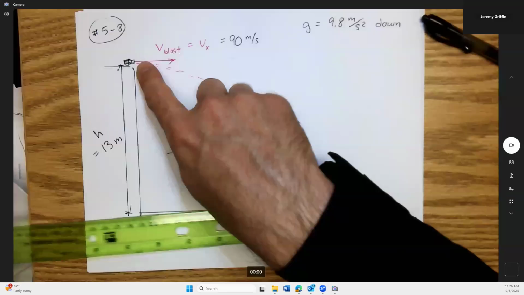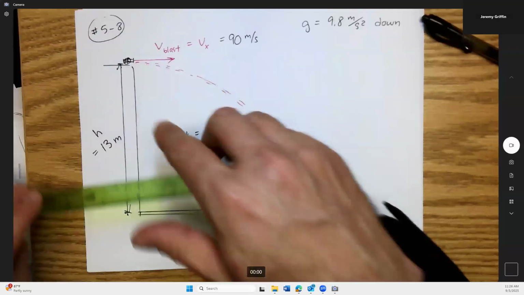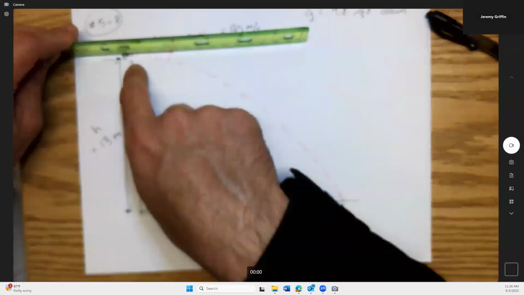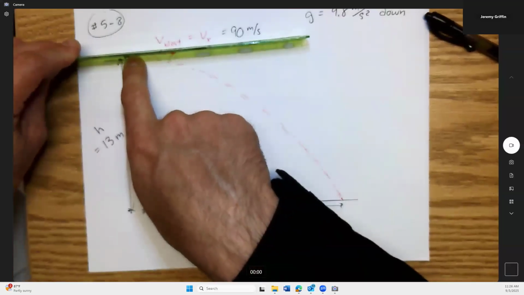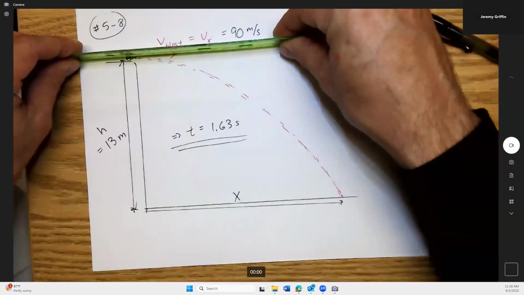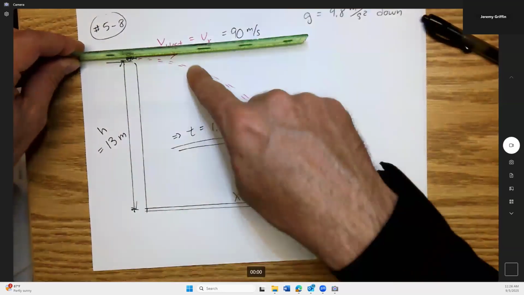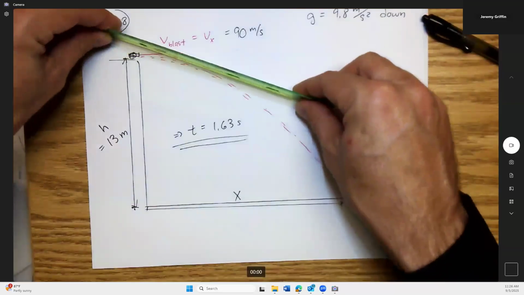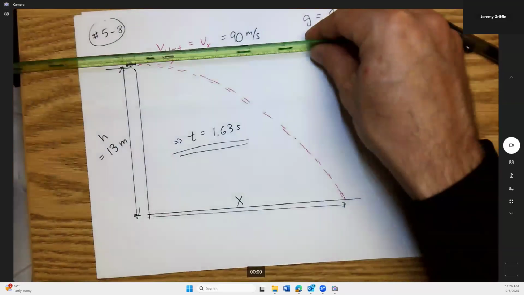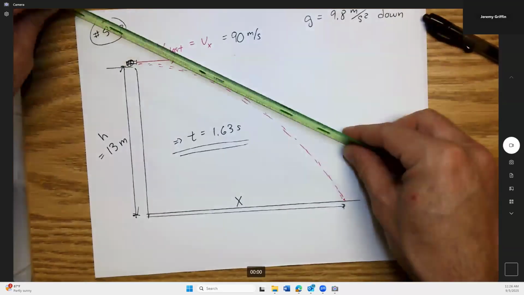Okay. So here's the cannonball going across the field. And remember, this pink dash curve is a parabola. You guys know that. And this is the vertex of the parabola up at the point of the cannon. See how I'm holding my ruler flush to the curve, and it starts out exactly horizontal? If I follow flush to the curve, what's the slope of the curve? It starts out flat and shallow, and it gets steeper, steeper, steeper.